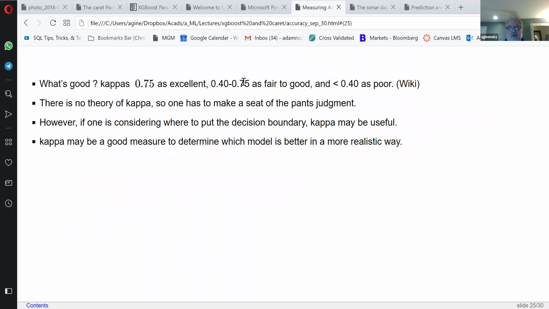Okay? So what is a good kappa? 0.75 is considered excellent, 0.4 to 0.75 good, and below 0.4 poor. And that's according to Wikipedia.